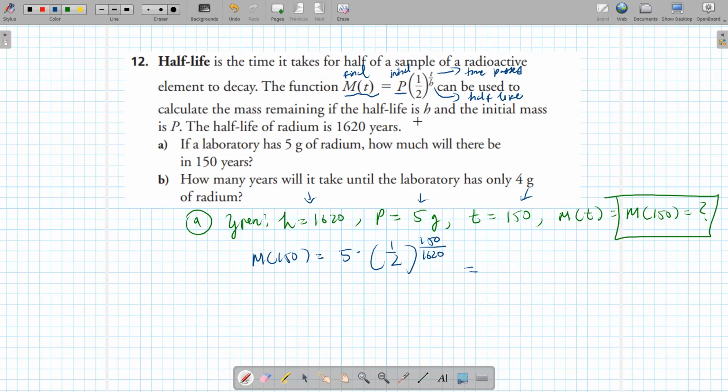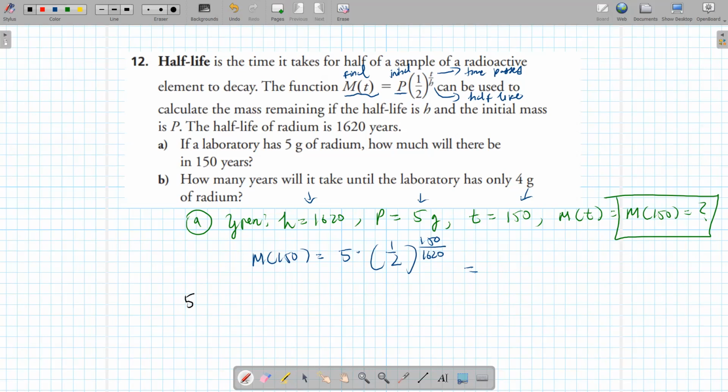Let me know if you got anything. I got 5.6. Okay, type it in like this, because half-life means the weight is always going down.